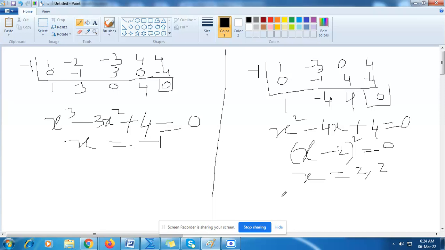So finally we have x equal to minus 1 as one root and this is also another root, and the remaining roots are 2, 2. So finally we have 4 roots: minus 1, minus 1, 2, 2. So minus 1 is repeated twice, 2 is repeated twice. Thank you very much.